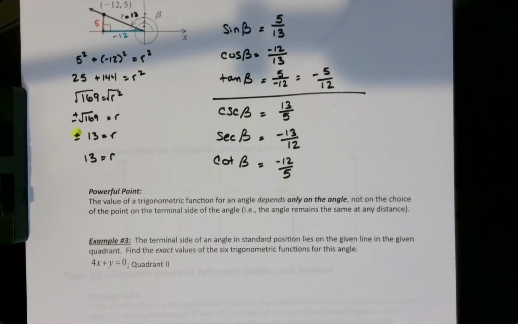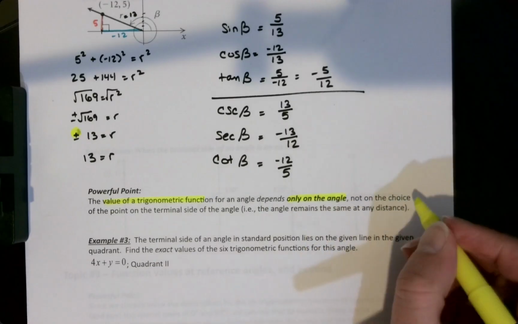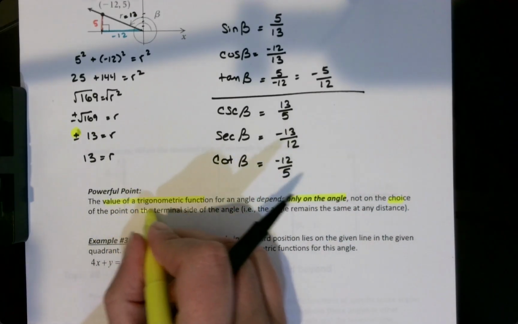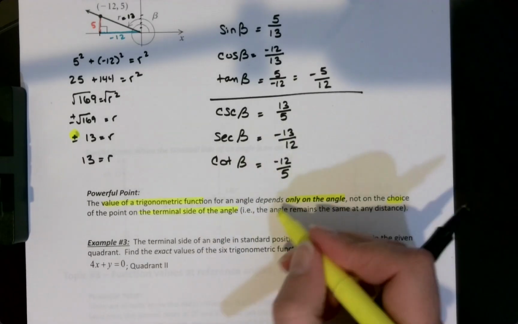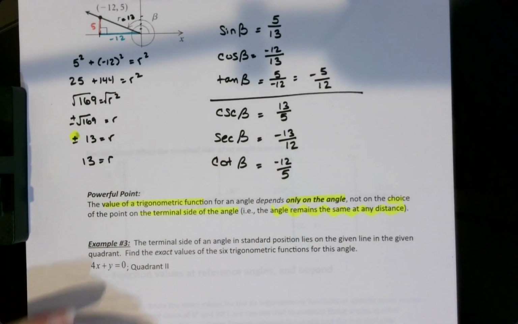So, a point at the middle of the page here. The value of a trigonometric function depends only on the angle, not on the choice of point on the coterminal side, because the angle remains the same at any distance.